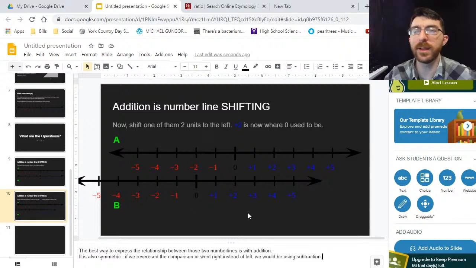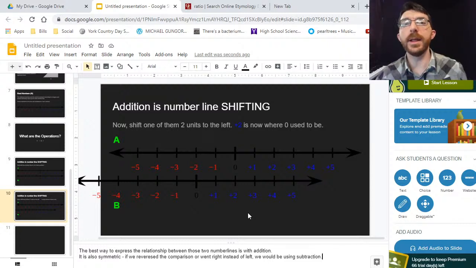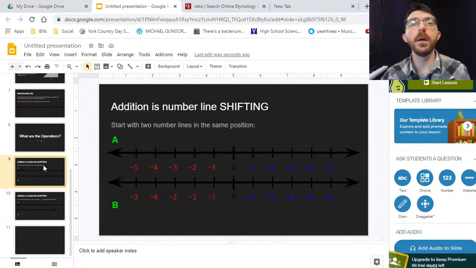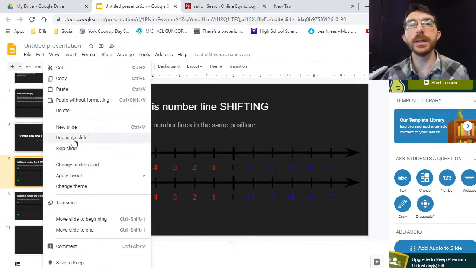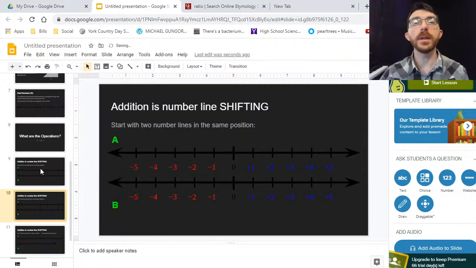That's good and all, but I think that might just be a bit out there for everybody. All right, so now multiplication. Duplicate the slide.